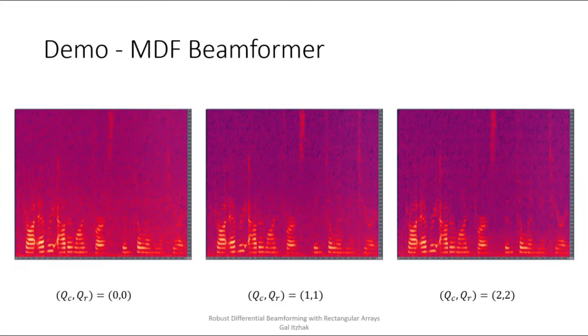Now let's hear what happens when QC and QR both equal 1. So we could sense some kind of an improvement. And let's see what happens when QC and QR are both equal to 2. And we could clearly sense that in this case, the white noise is greater attenuated than in the previous two cases.